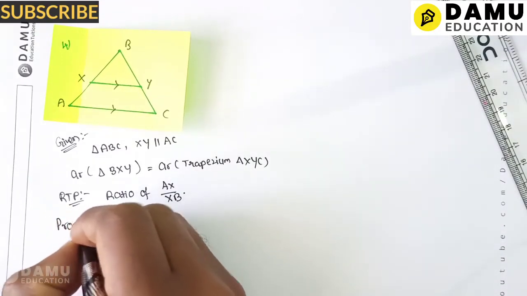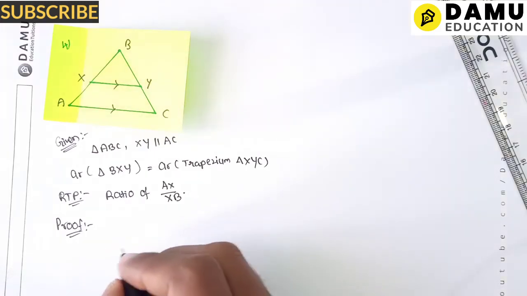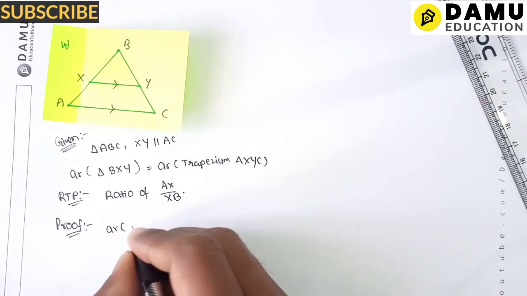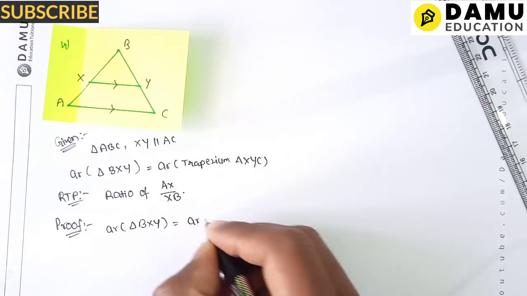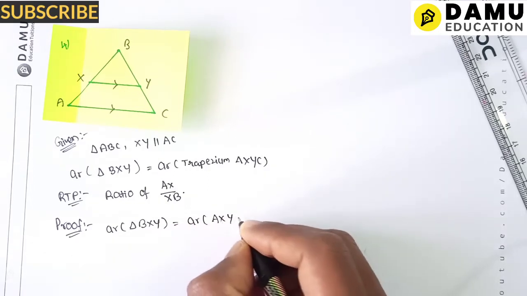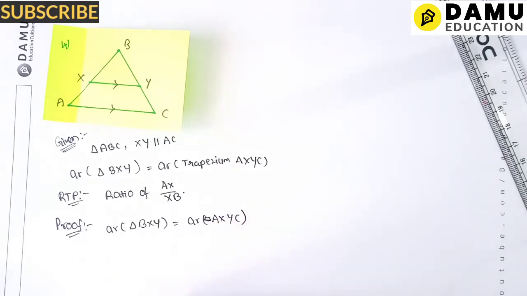The proof here is that we have to find the ratios of areas. First of all, we have to find what they are given: the area of triangle BXY is equal to the area of trapezium AXYC.